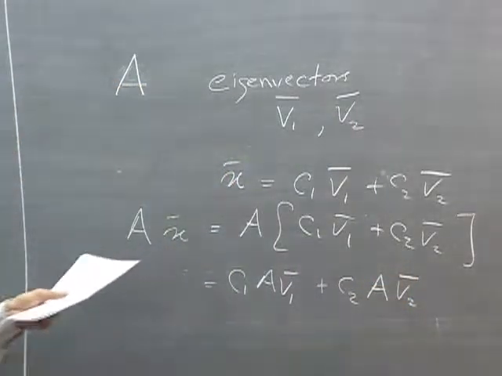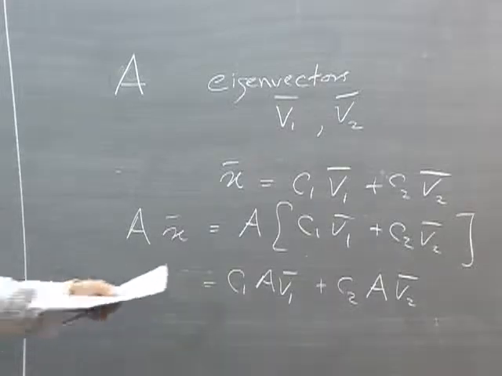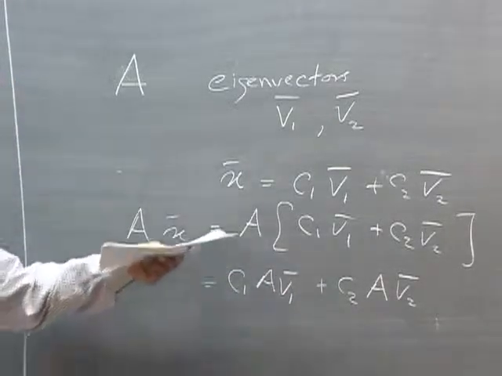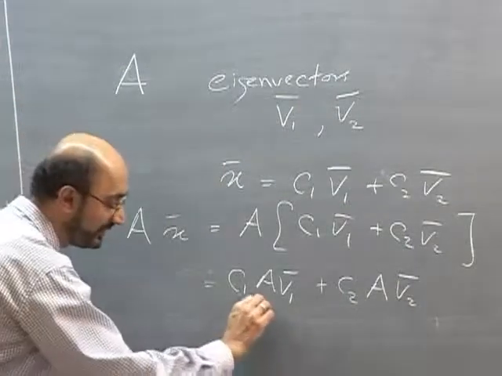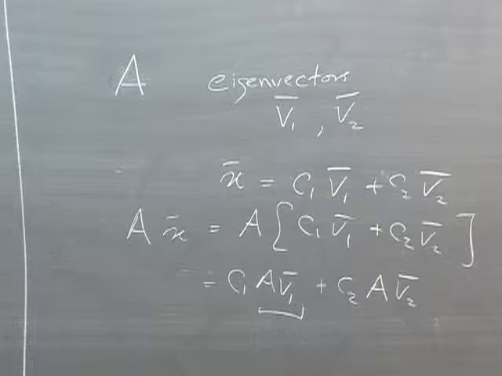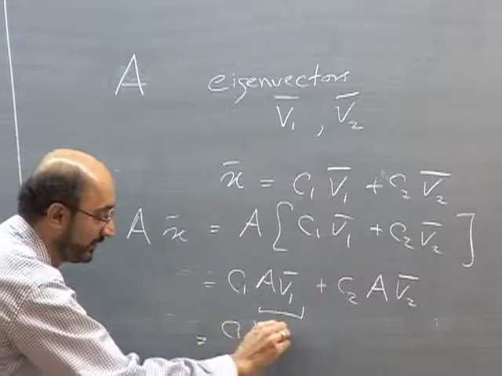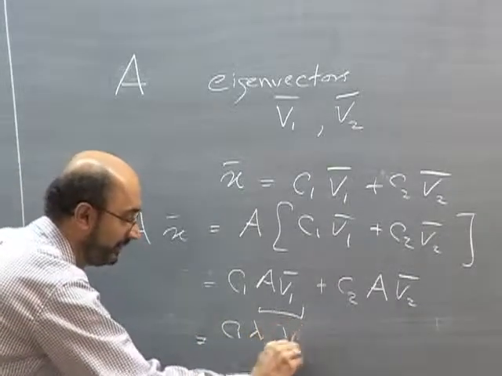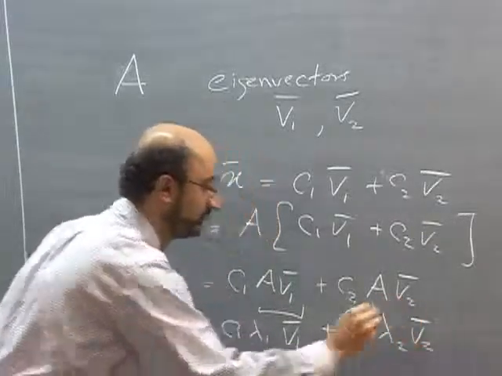All I'm doing is expanding this thing out. c1, c2 are constants, and now we know that A v1 is the same as lambda 1 v1, where lambda 1 is the associated eigenvalue. So we can write this as c1 lambda 1 v1 plus c2 lambda 2 v2.